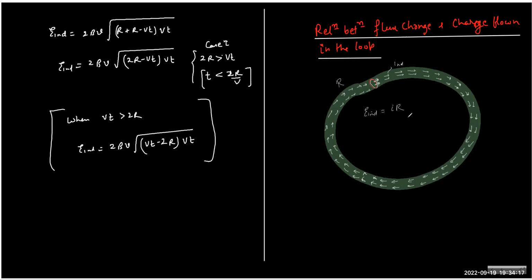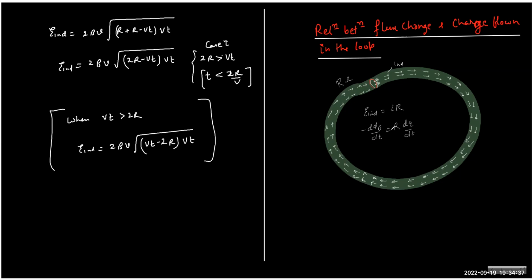So for a loop with resistance R having induced EMF E, we can write this relation E equals IR, isn't it? Yes. Now what this means is that the rate of change of magnetic flux is actually resistance into, this is the ohm, dq by dt.